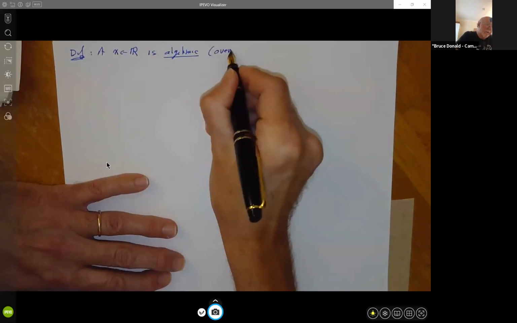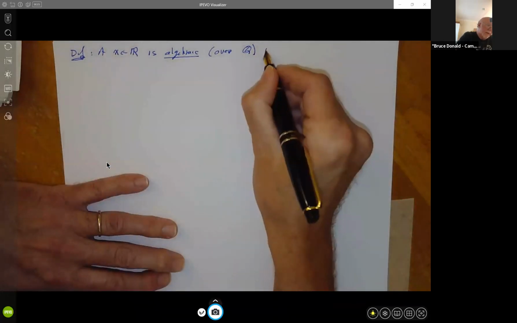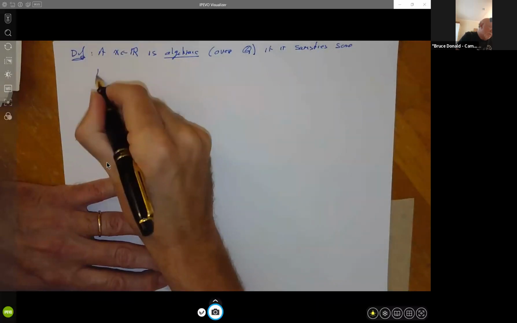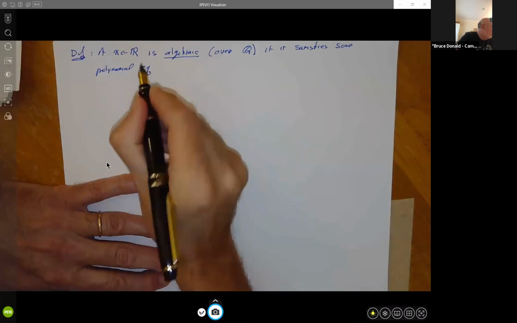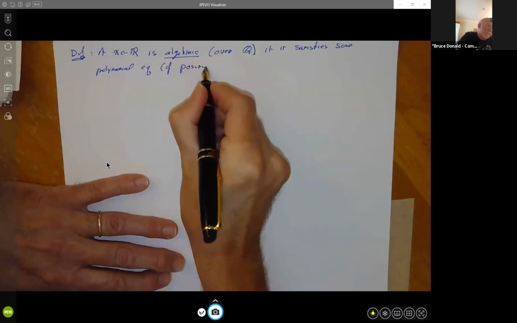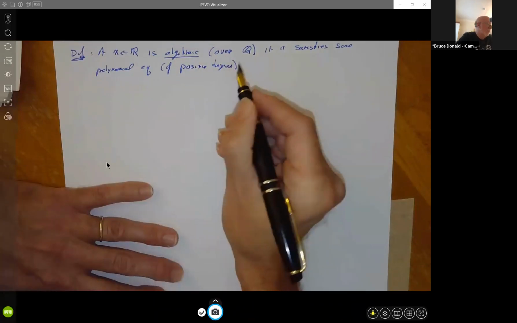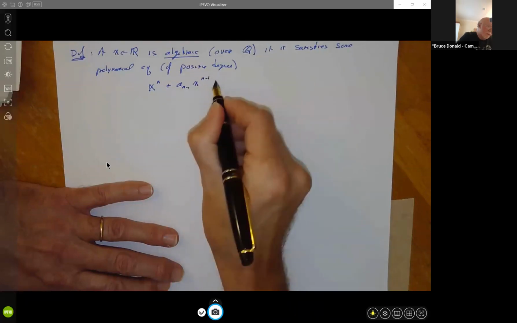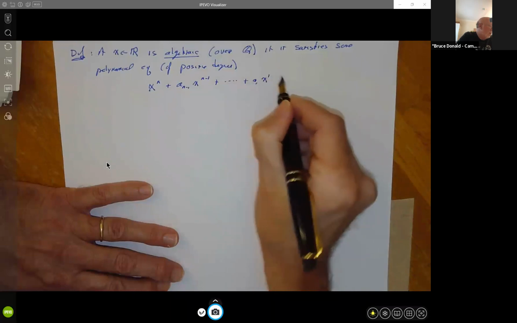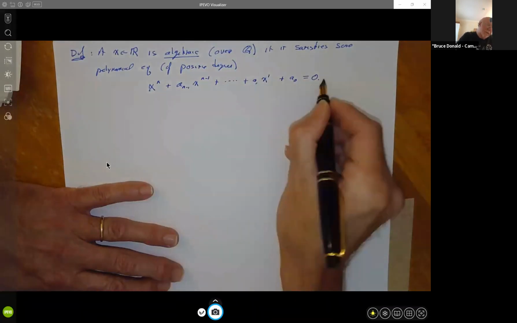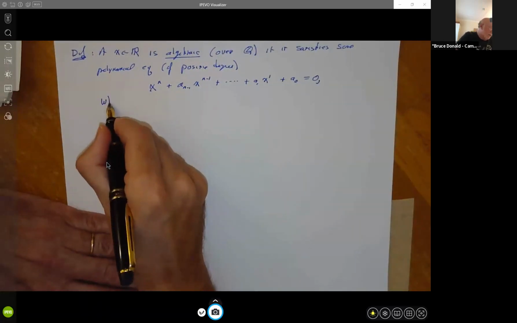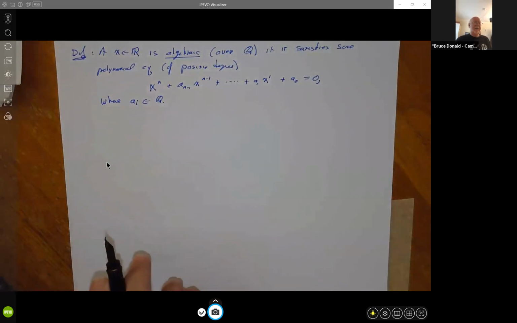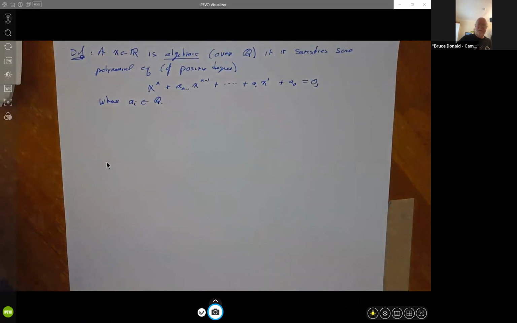And I have to say over the rationals, because that's where the polynomial coefficients are, if it satisfies some polynomial equation of positive degree, of the form x to the n plus a n minus 1 x to the n minus 1, plus all the way down to a1 x to the 1 plus a0 equals 0, with rational coefficients, all ai are rational numbers, and I'm going to exclude the case where all of the ai are 0. I'm not going to allow that.